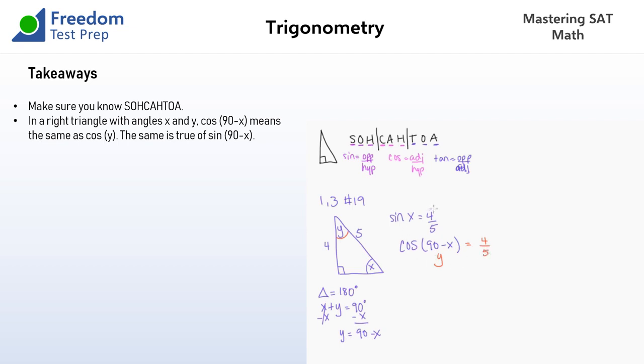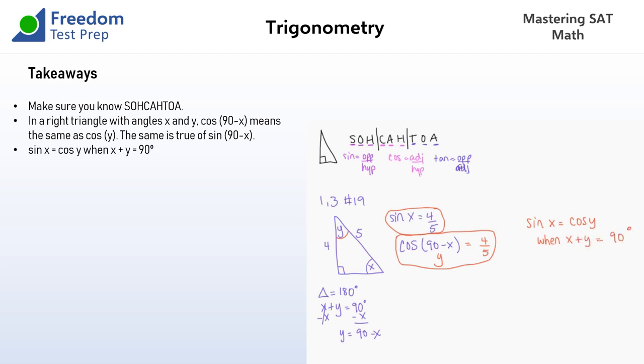We've got sine of x is 4/5, and cosine of y is the same thing. What's the takeaway? Sine of x equals cosine of y. And this is true anytime x plus y equals 90 degrees.